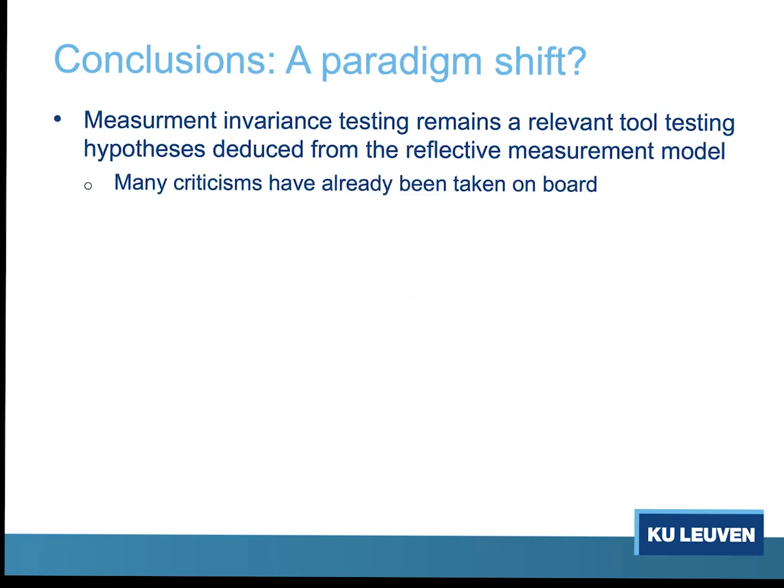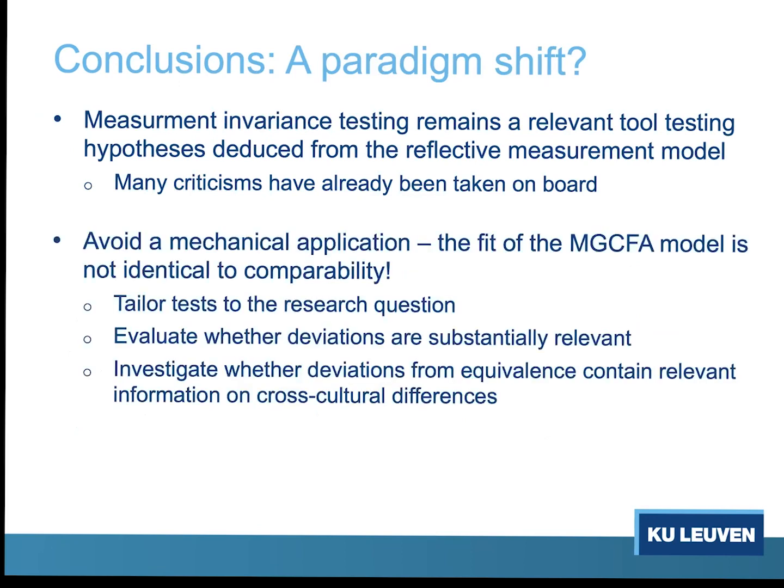So I think measurement invariance still has its place, but we need constant developments, like, for example, the multi-level CFA models where we can test aggregation. And I also think that we should avoid mechanical application. And here I really buy the critique of Welzel and colleagues. We should not equate the fit of a multi-group CFA model with comparability.